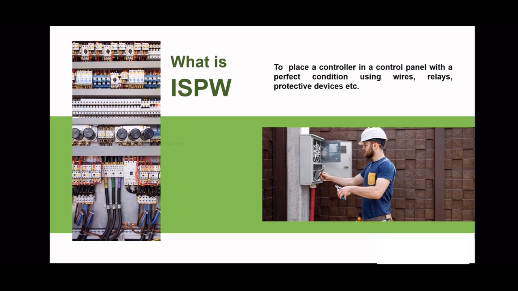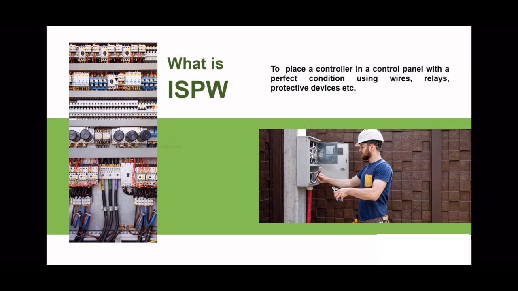If the protective devices are not properly fixed or not working properly, the panel is in a hazardous situation. If any fault occurs in the industry, the wiring or the whole panel body is corrupted. That is ISPW.